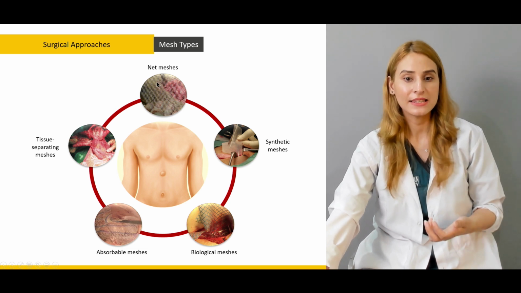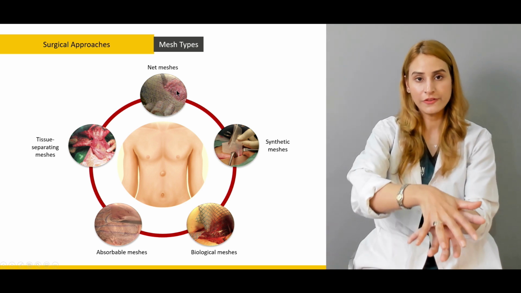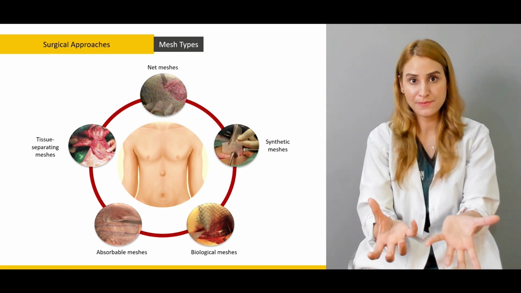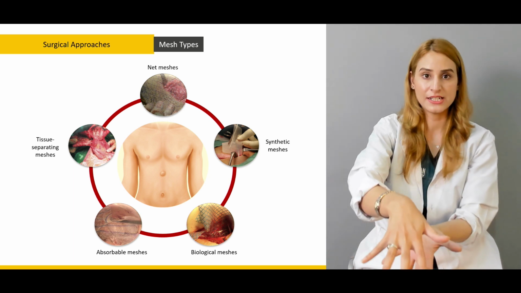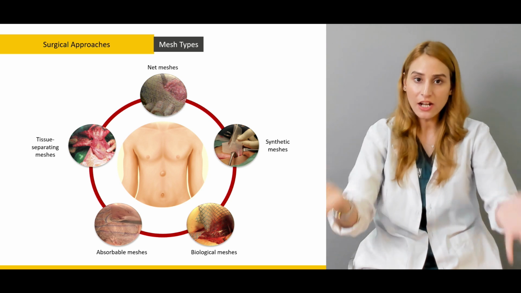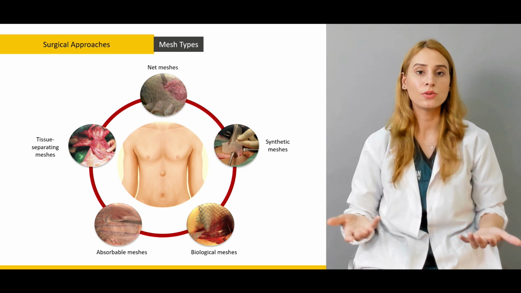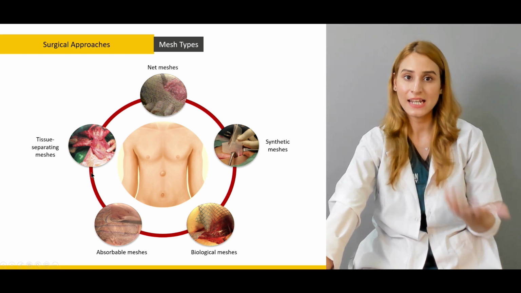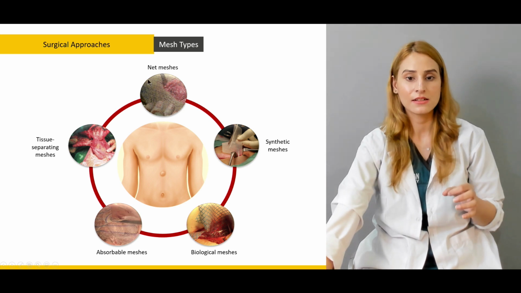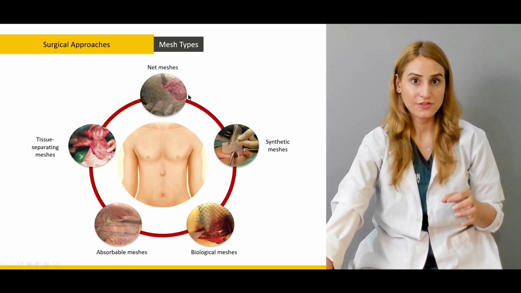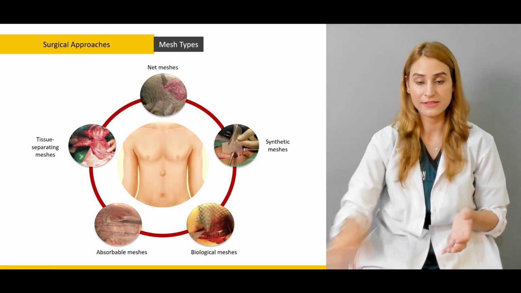What happens is the small spaces in the net, you place the mesh over the defect and the tissue grows from these spaces, and that mesh is incorporated in the tissue, and it gives a tensile strength to the defect, and there is a lesser recurrence rate. So that's how these net meshes are helpful. But the flat sheets do not have these nets, so these are not incorporated and the tissue is not grown into that, right?